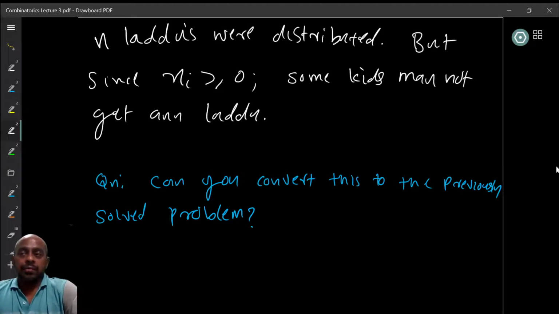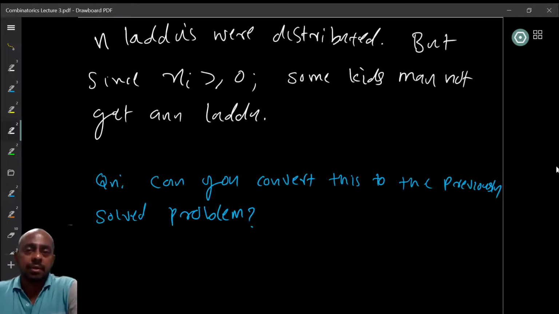So if you can do that, then we are done, right? So how do you convert it to a previously solved question? Again, I want you to think about how to convert this to the previous question, right? So can you convert the unfair distribution to a fair distribution question? If you can do that, then that is good.